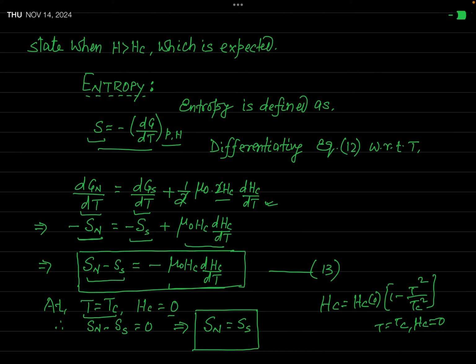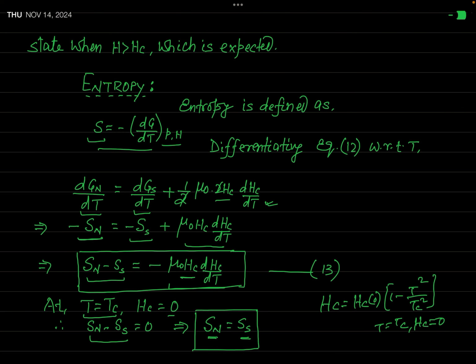And if Hc is 0, the RHS of this equation 13 will vanish, and therefore Sn minus Ss is equal to 0, that is Sn is equal to Ss. It means the entropy of the material in normal state and in superconducting state are equal.